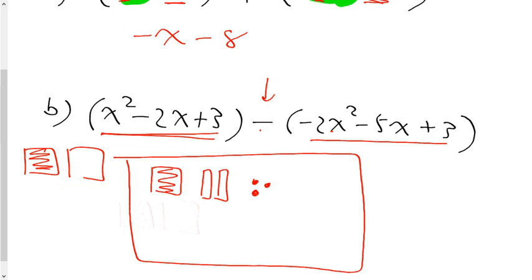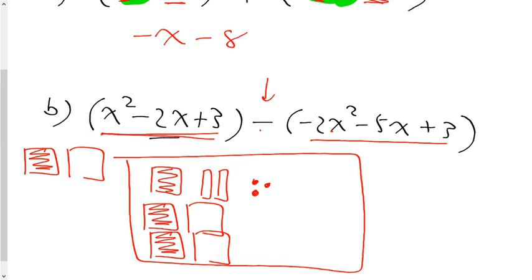If I add that to this particular square, have I changed the value of that interior? No, I haven't. It's still the same thing it was because I added nothing to it. And likewise, I still have not changed x squared minus 2x plus 3. It's still that same value, whatever that happens to be. But in doing so, I now have -2x squareds that I can remove.